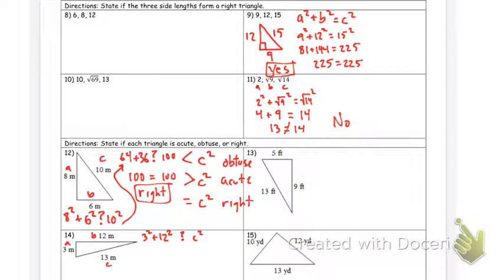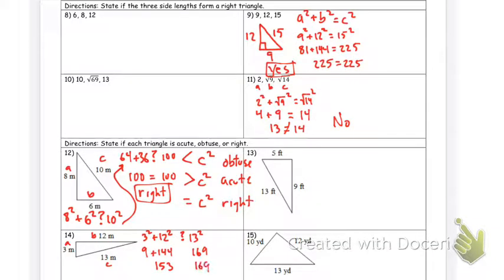So let's do the math. 3 squared is 9, 12 squared is 144, and then C squared, I forgot to plug it in, is actually 13 squared, which is 169. Okay, add this up. This is going to give me 153.